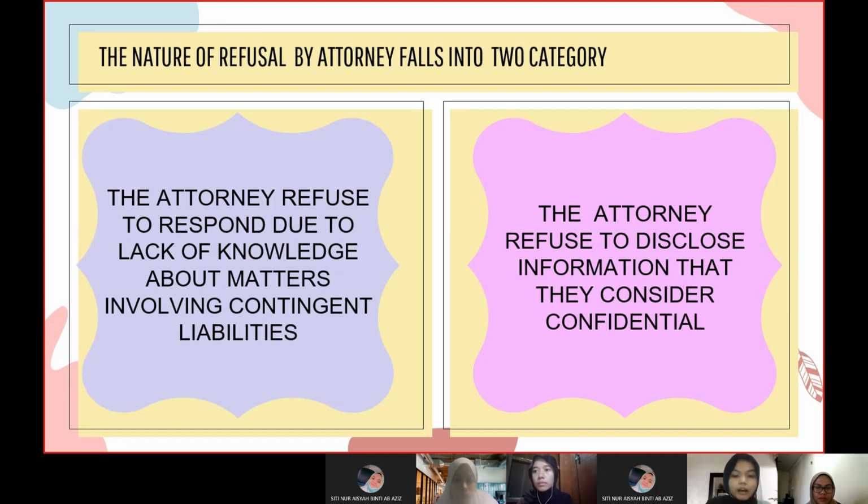The two categories are: the attorney refuses to respond due to lack of knowledge about matters involving contingent liabilities, and the attorney refuses to disclose information that they consider confidential. Okay, next.